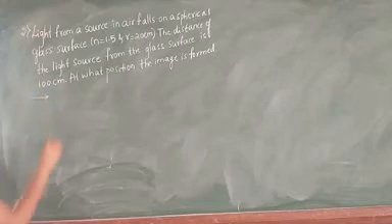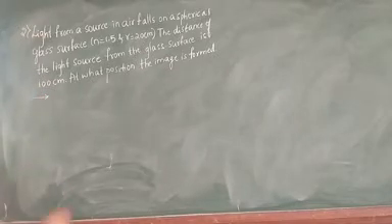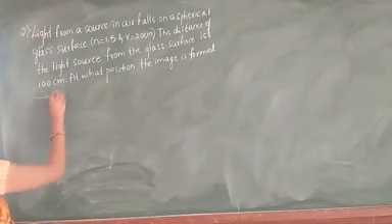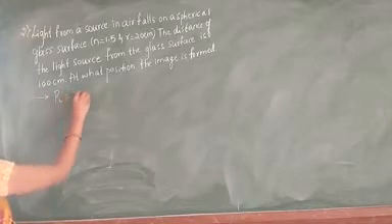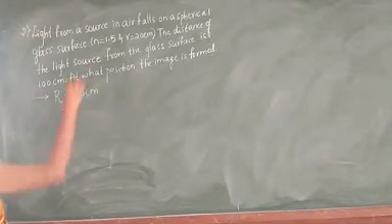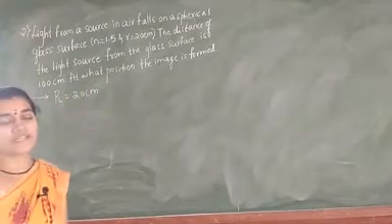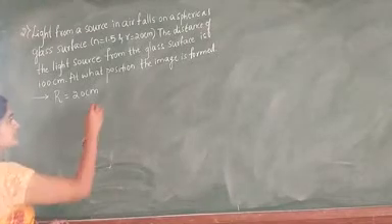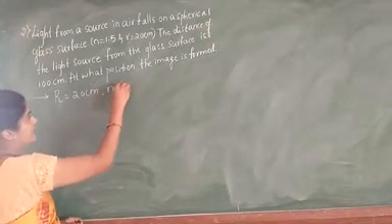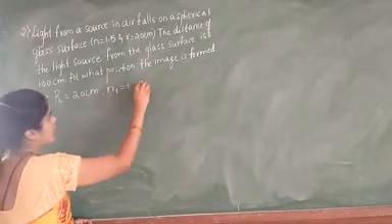Now in this, first we have to write the given terms. First, we are considering the radius of curvature R is equal to 20 centimeter. Next, they have given a refractive index equal to 1.5. Now let us consider n1 is equal to 1 and n2 is equal to 1.5.